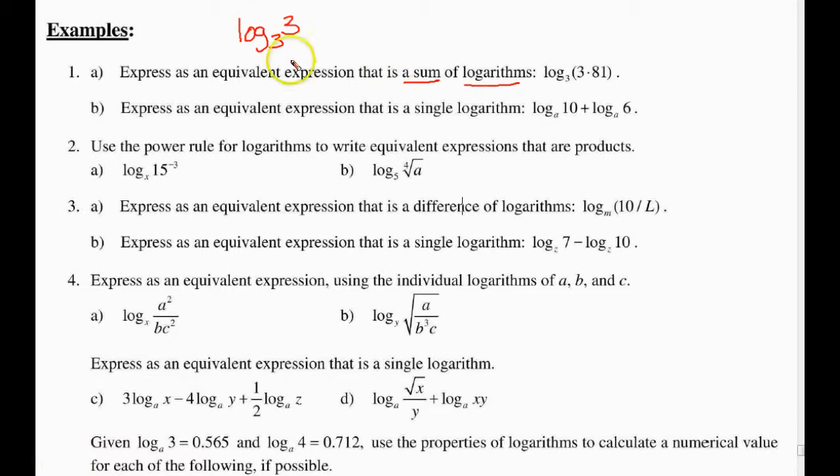So we had log base 3 of 3. Now, since we're multiplying, we convert that to a plus. And then it's going to be this part again, log base 3 of 81. And that basically is converting this expression to the sum using the plus to indicate multiplication of exponents.